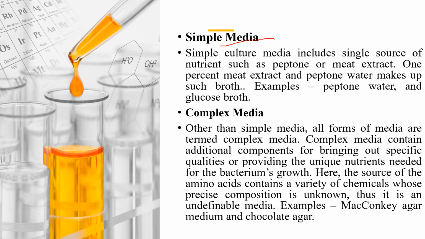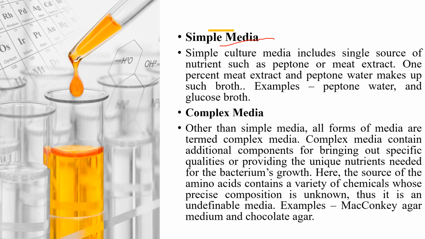Then we come to complex media. All media excluding simple media are complex media, because they contain additive nutrients, such as nutrient broth or nutrient agar, MacConkey media, and blood agar.